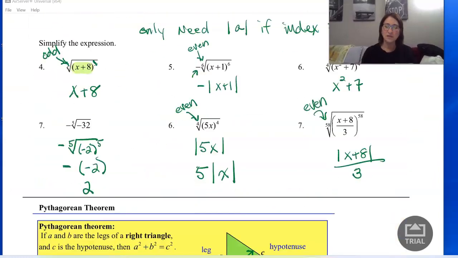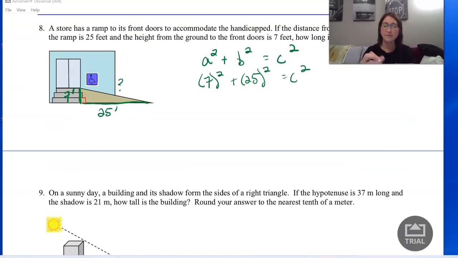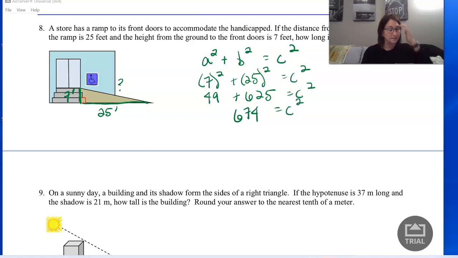49 plus 625 is equal to c squared. Add those together, and I'm going to have 674 equal to c squared.